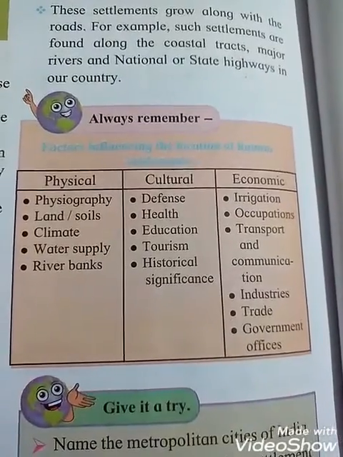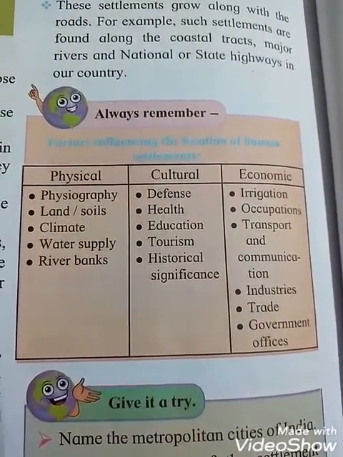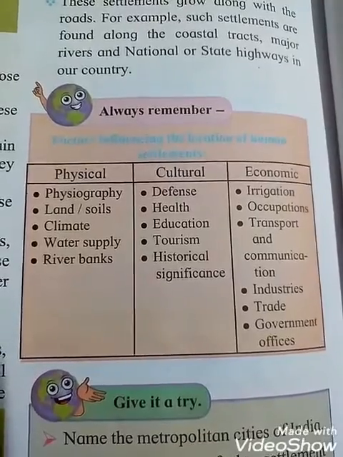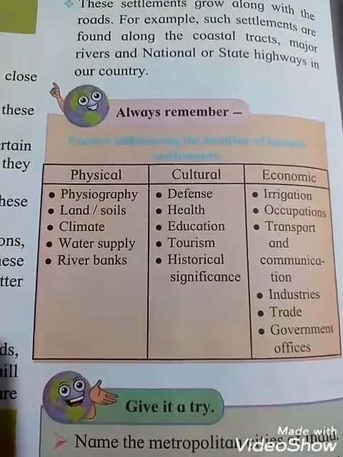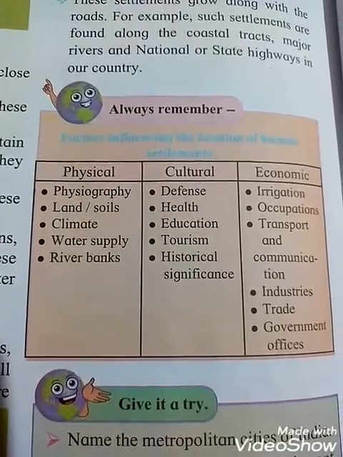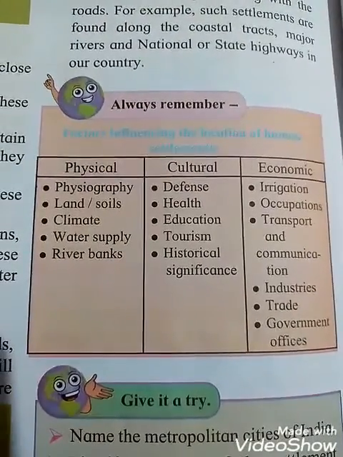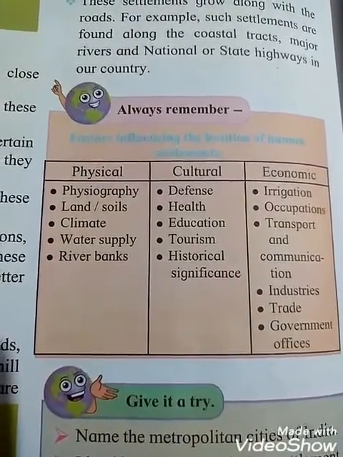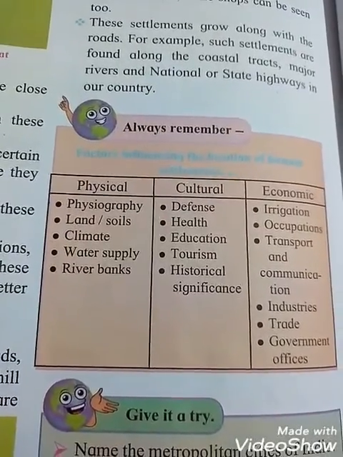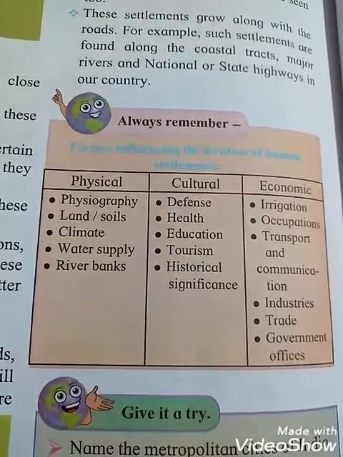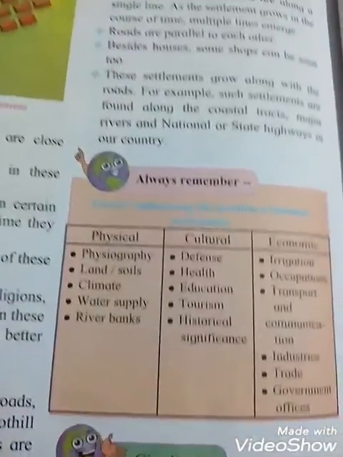And economic: irrigation, occupations, transport and communications, industries, trade, government offices. So all these are the factors which influence the location of human settlements.